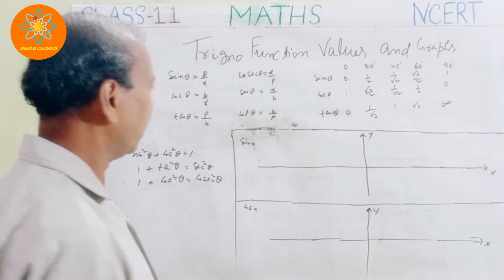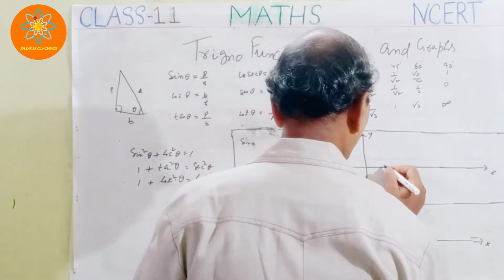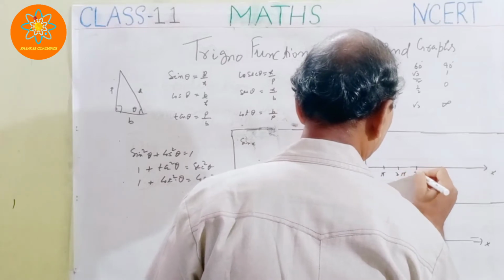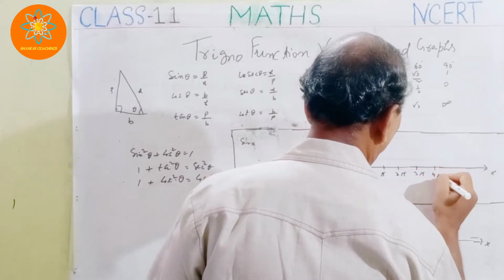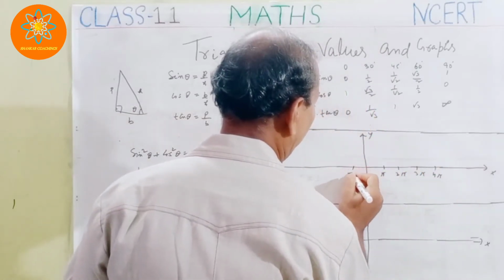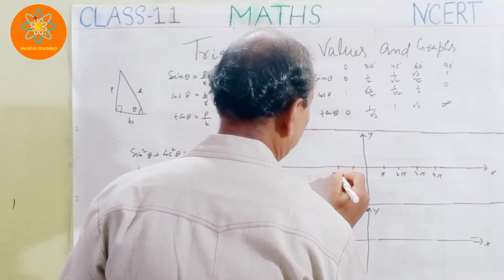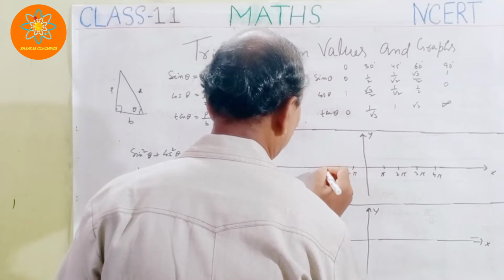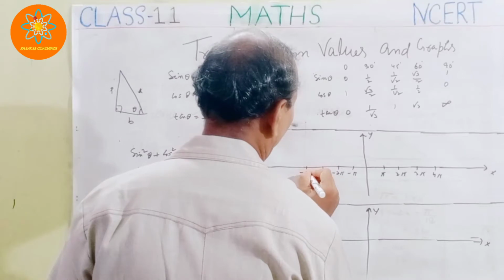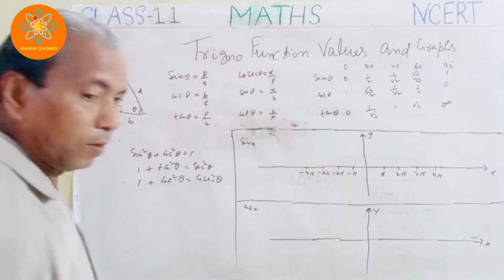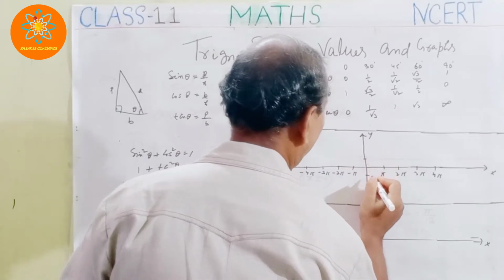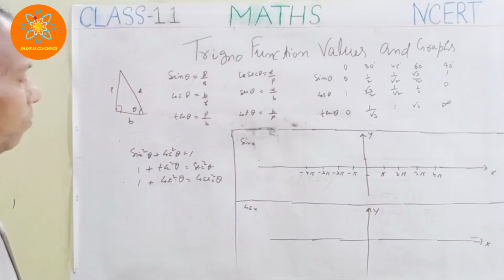For drawing the graph of sine x, I will take here pi, 2 pi, 3 pi, 4 pi, and so on. Here it is minus pi, minus 2 pi, minus 3 pi, and minus 4 pi. Let's suppose the value at this point is 1 and this is minus 1.